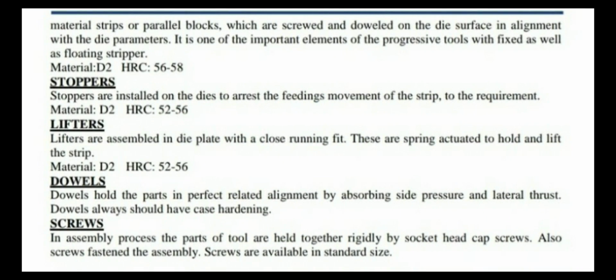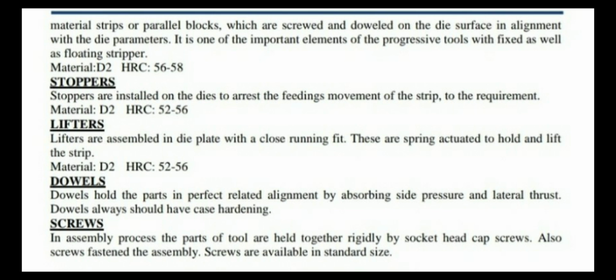Then material strips and parallel blocks, which are screwed and doweled on the die surface in alignment with the die parameter. Now stoppers are also an important element. Stoppers are installed on the dies to arrest the feeding movement of the strip, with the required material D2.